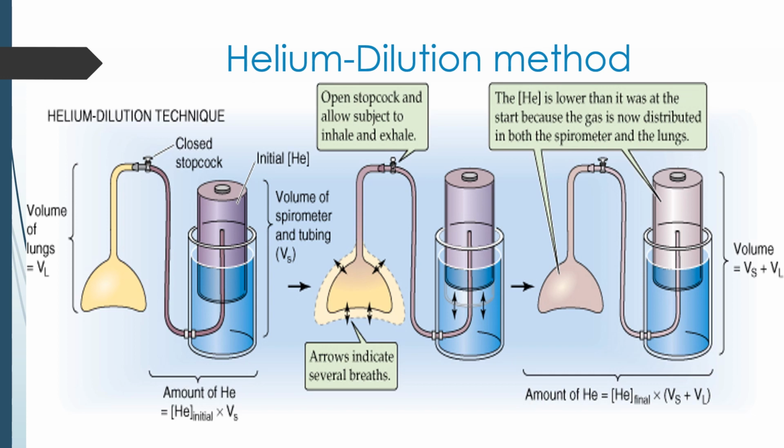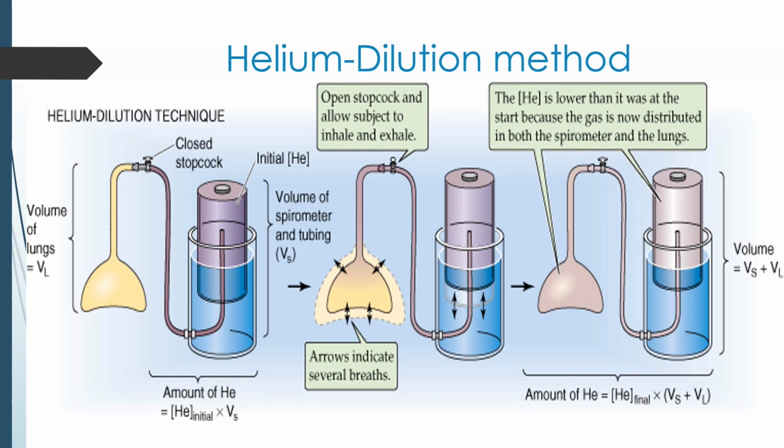This is because the functional residual capacity is the volume of air remaining in the lungs at the end of normal expiration. No helium was present in the lung to start with, so the same amount of helium added to the mixture in the closed circuit system gets distributed between the bag and the lung. Then the functional residual capacity can be calculated from the known volumes.